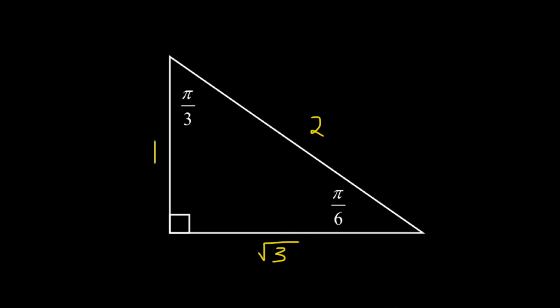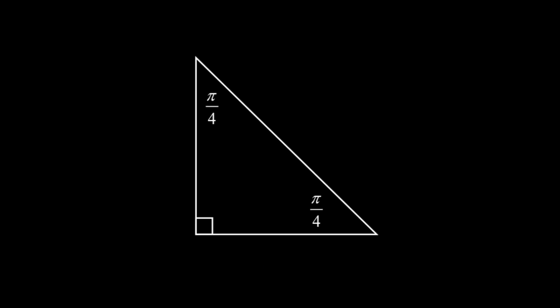Now let's look at our second triangle. This is the 45-45-90 triangle, otherwise known as the pi over 4, pi over 4, pi over 2 triangle. Conveniently, this is an isosceles right triangle, which means the two legs are the same length. If you know one, then you know the other, and you can use the Pythagorean theorem to figure out the length of the third. Once again, we can forego all that trouble by letting our two legs have side lengths equal to 1.